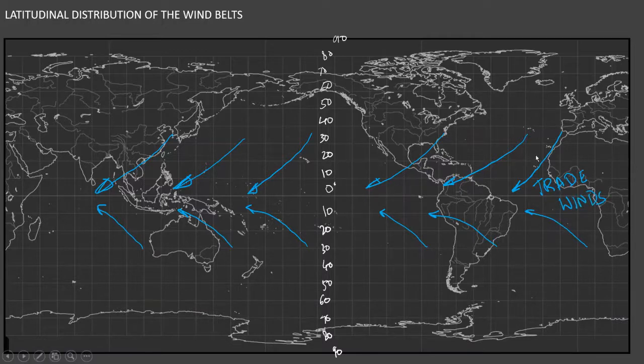Then the next type of wind, which goes from 30 to 60 degrees in both the hemispheres, it is called as the westerlies. So you can see that these winds, they start from the west, they go towards the east.